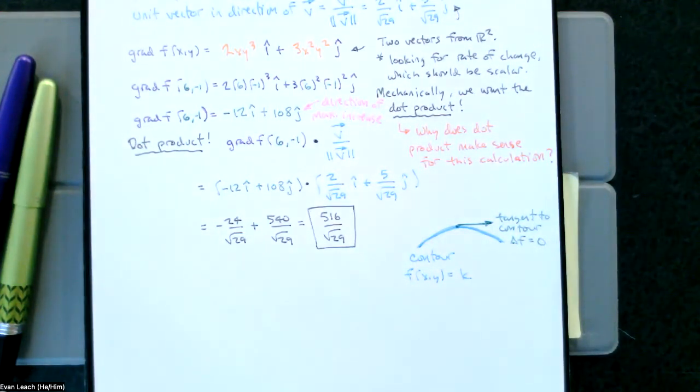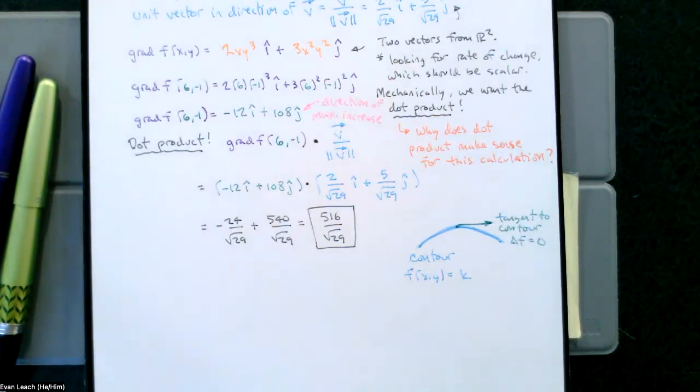So if we're moving tangent to the contour, the delta f is 0. But if we make the gradient, oh, I just mixed up the colors yet again. The green gradient's here and then green tangent's over here.